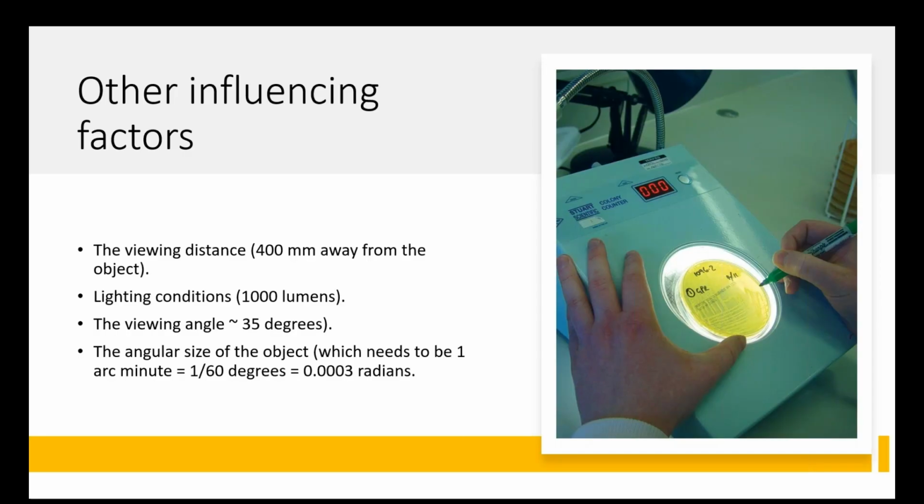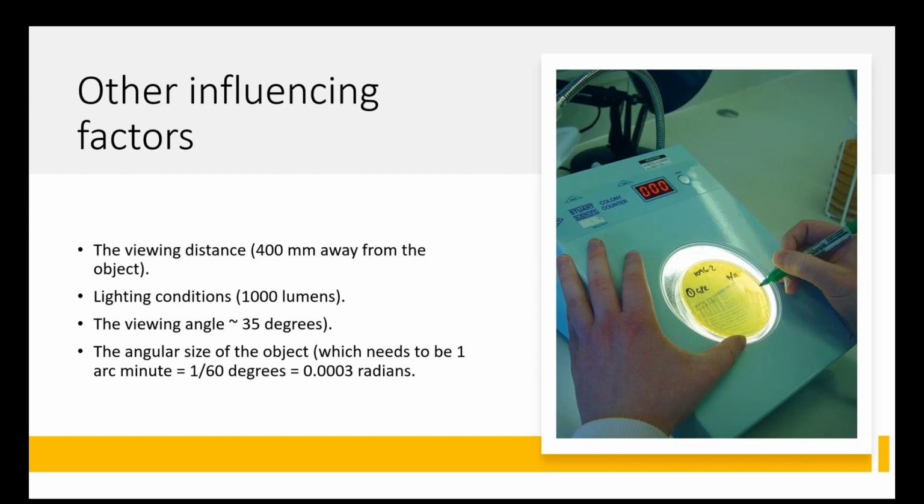And that's again a factor where, particularly where we're looking for buff coloured or beige coloured colonies on a medium that is already that similar colour, a white light source gives greater clarity than an amber light source, for example.